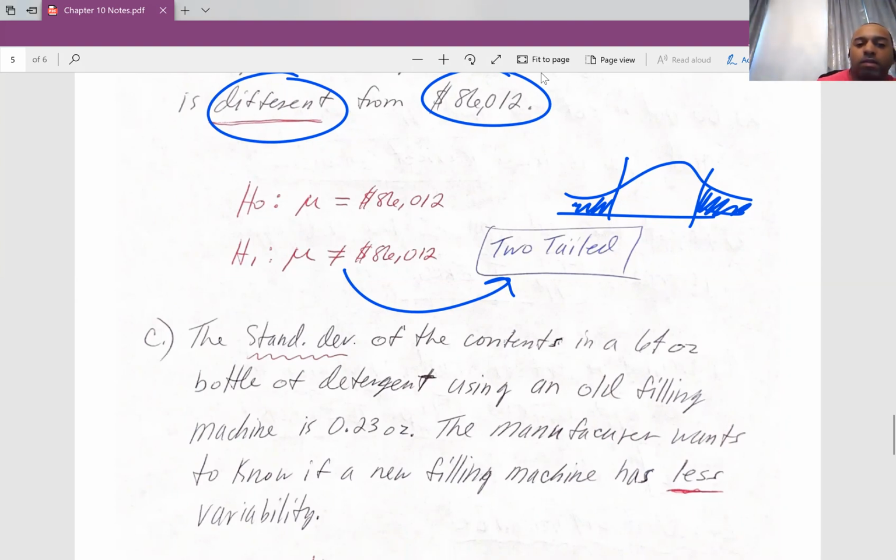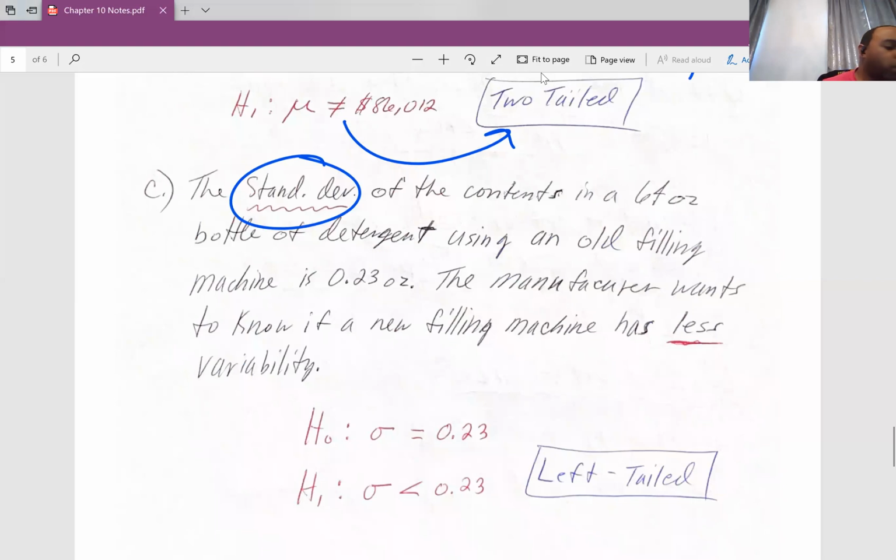All right. So our parameter is standard deviation. So that's why we're using sigma. And once again, whatever I use here, I need to use right here. This is always going to be equal. 0.23 comes from right here.